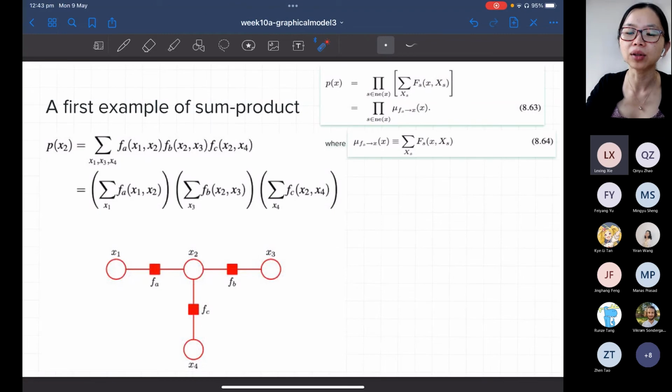So the marginal probability of the variable little x is a product of these messages, where each message is actually a marginalization of the product of other factors, big F, over all the nodes downstream of factor s anchored at little x.